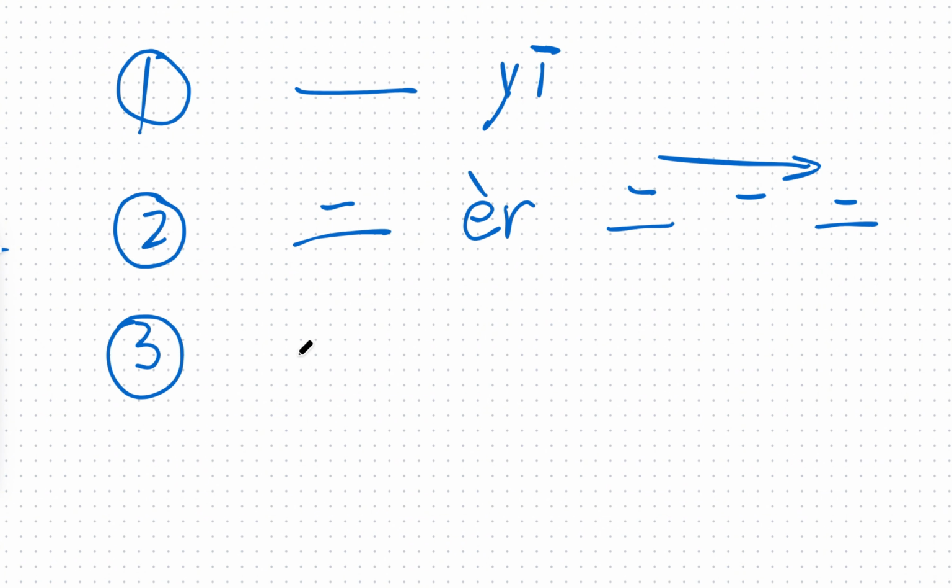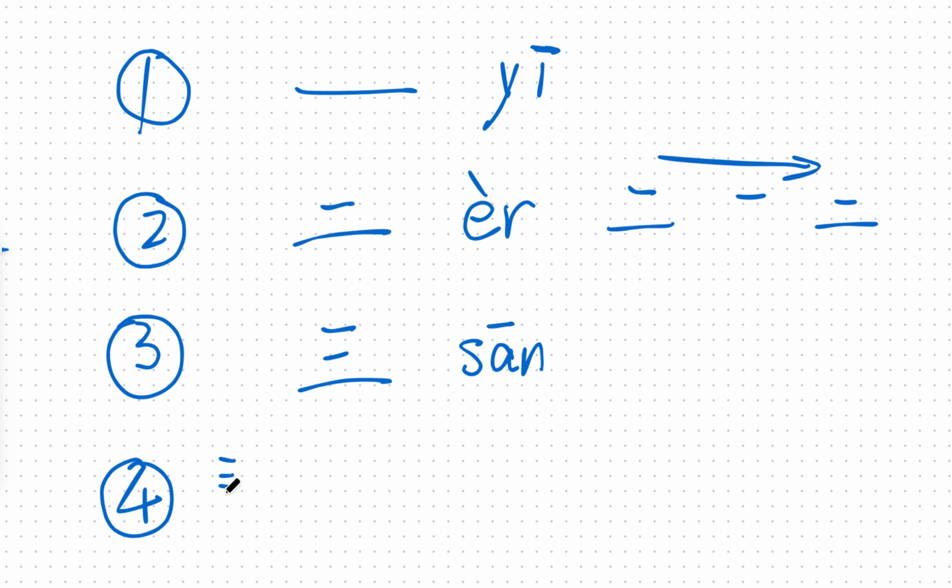Then 3. You can see a pattern here, so 3 would be 3 horizontal strokes, going from top to bottom. Then 4.